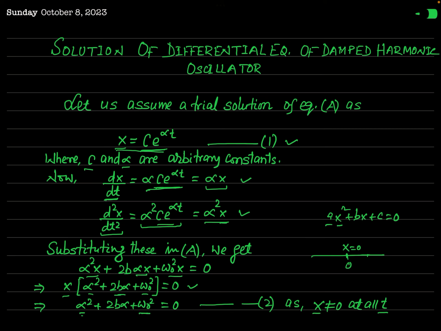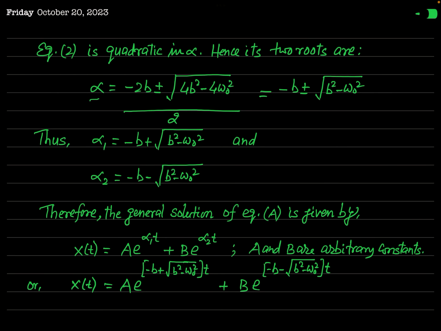A is 1 and c is omega naught square. So this is minus 4 omega naught square, and divided by 2a, but a is 1. So you can say that alpha is equal to minus 2b plus minus a square root of 4b square minus 4 omega naught square over 2.